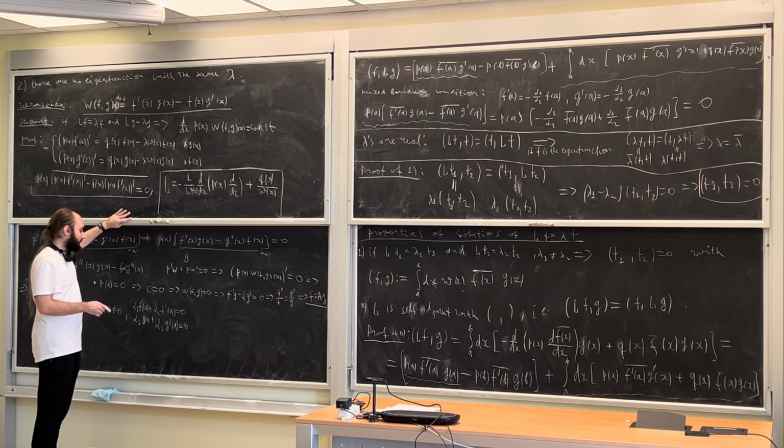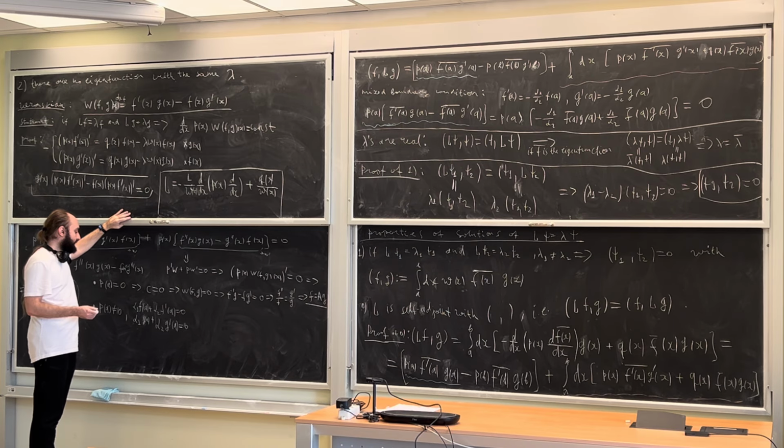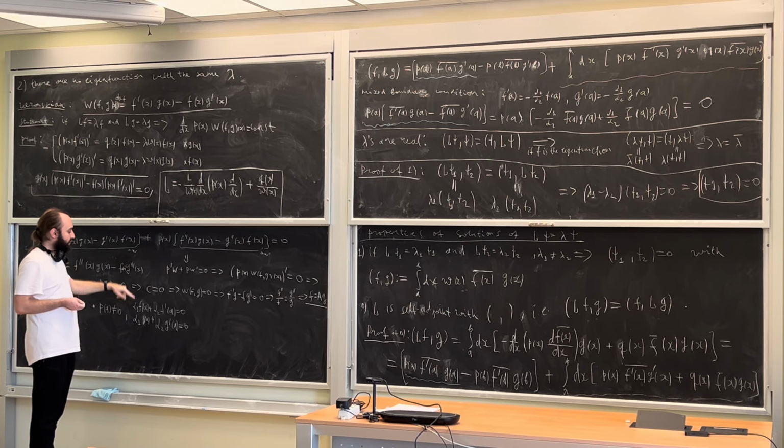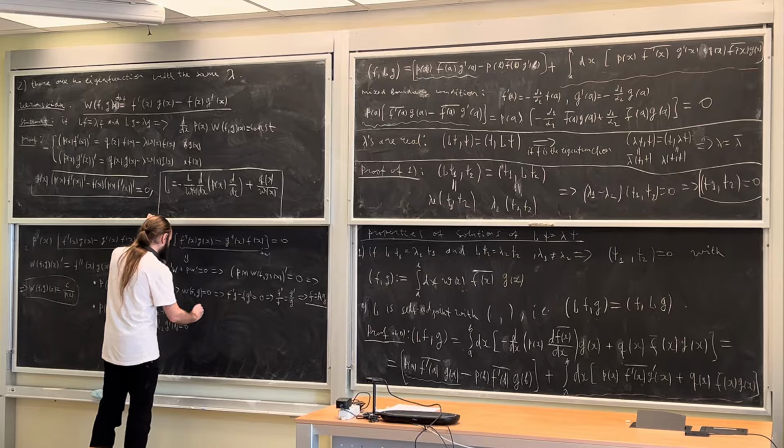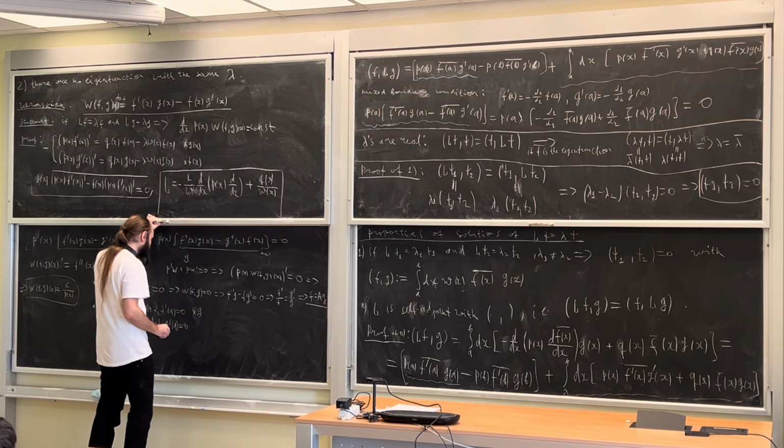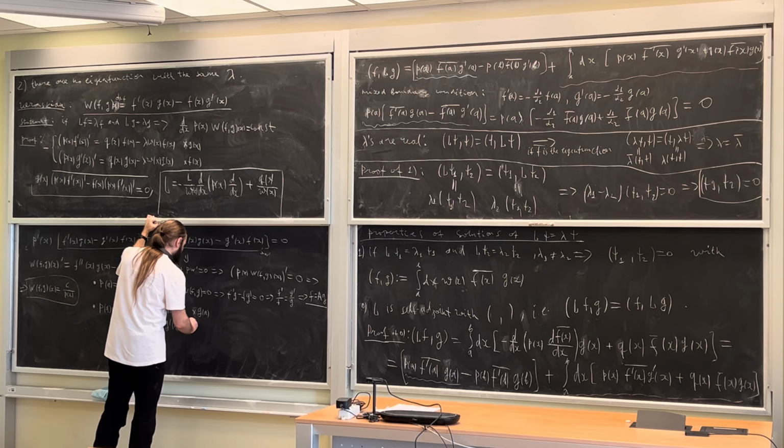So suppose that they are different from 0, and multiply the first equation by g of a, and this by f of a, and subtract.